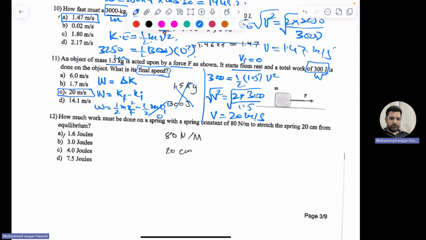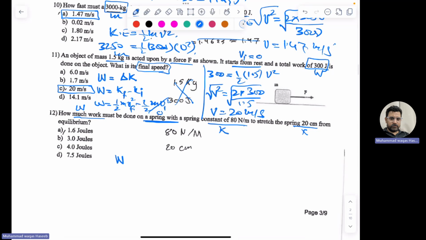Next, how much work? We need to find the work done on the spring with spring constant k when it is stretched 20 centimeter from the equilibrium position.